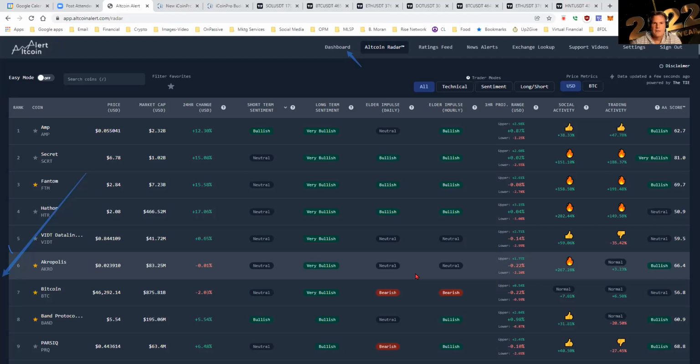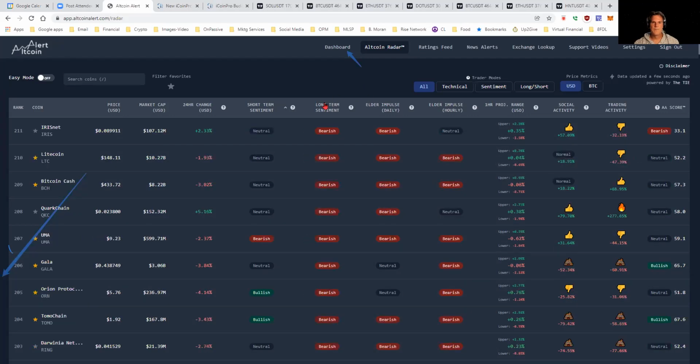They had over a 1,000% success rate over the course of a year. I'm not explaining this very well. It was a while ago, but this is just part of my daily routine now: to go to this long-term sentiment sort and look for very bullish and, since I trade leverage, very bearish as well.